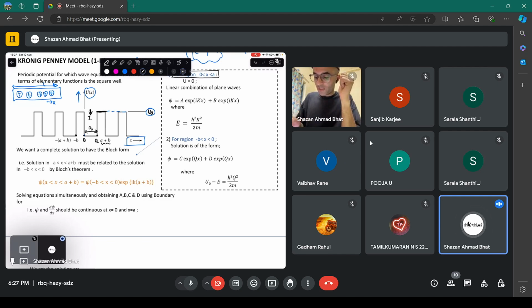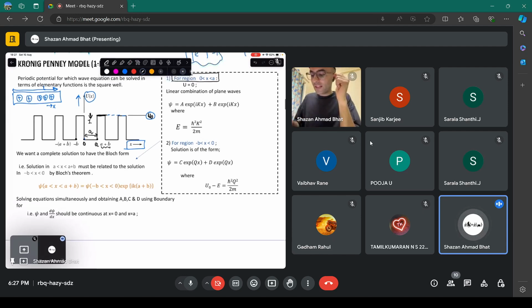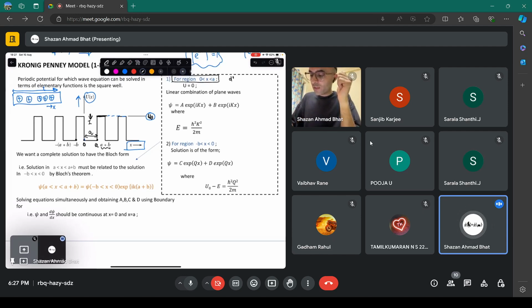You know from the potential well theory that if you solve the Schrodinger equation, d square psi over dx square plus twice m divided by h bar square times E, where U is 0, times psi, you write this as d square psi over dx square plus k square psi equals 0. It has the plane wave solution.